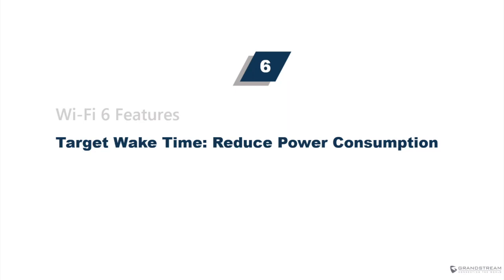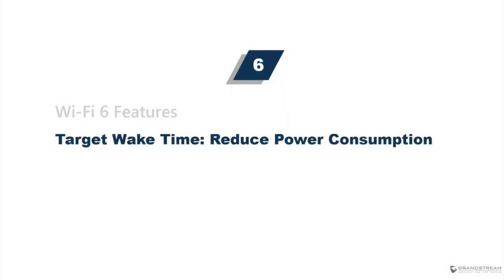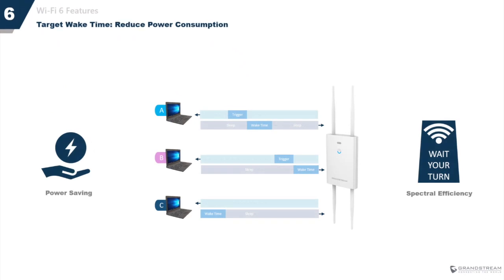To reduce power consumption and medium contention, Wi-Fi 6 introduced the target wake time feature. The main goal of target wake time is to save power on the wireless devices by enabling them to determine how frequently they will wake up to transmit and receive data.